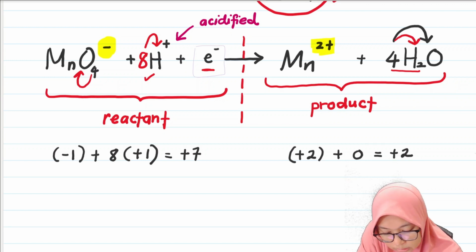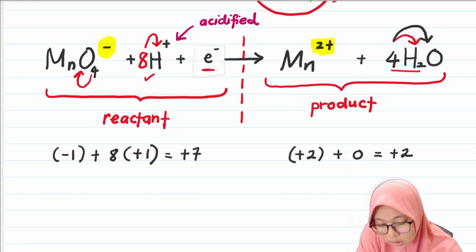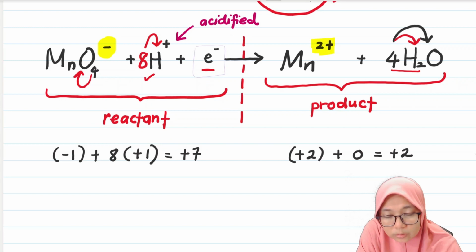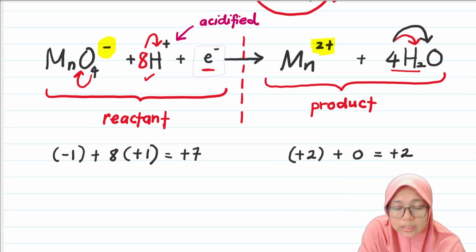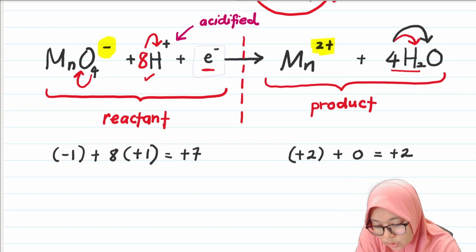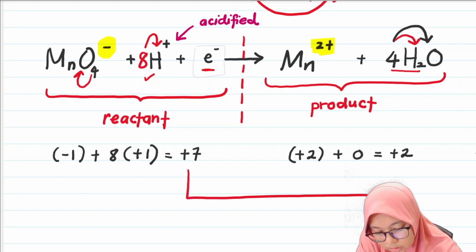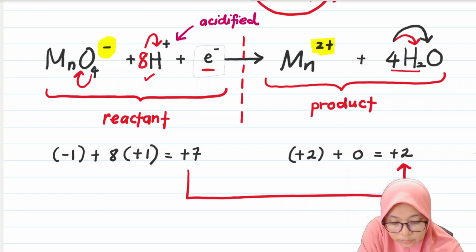As you can see, the total charge of the reactant and product is not the same. So how can we make them the same? We have to add electrons, because electrons are negative charge. From +7, we want to change it to +2. So how many electrons are required?